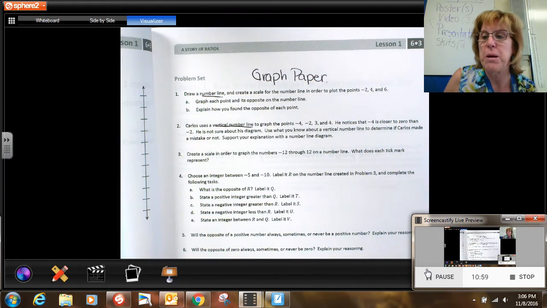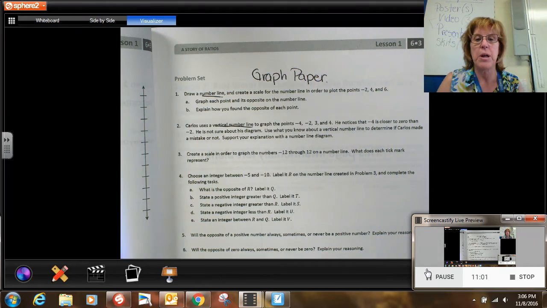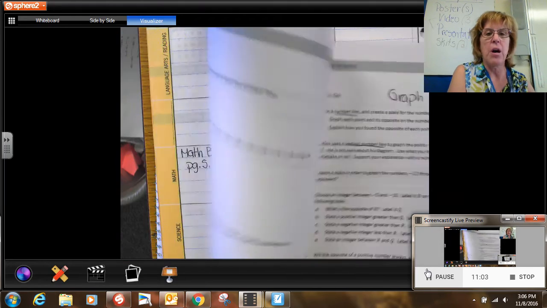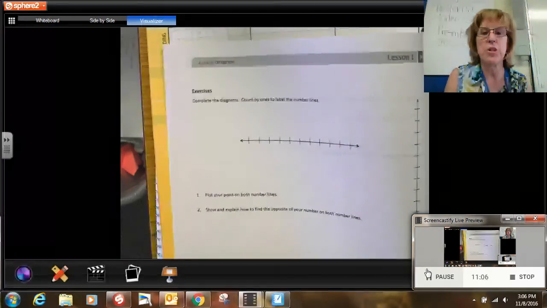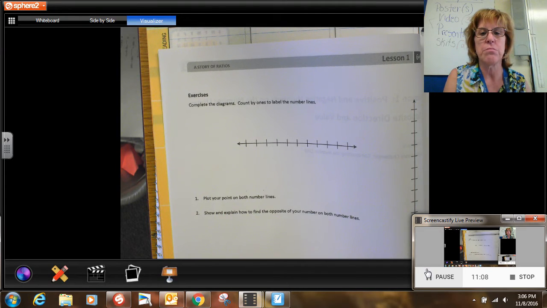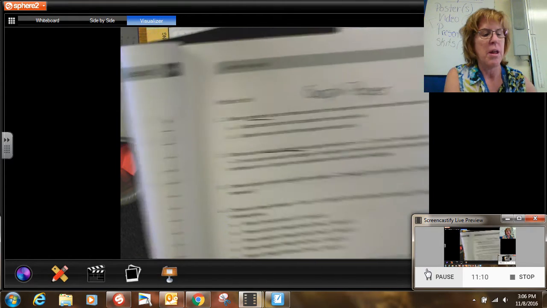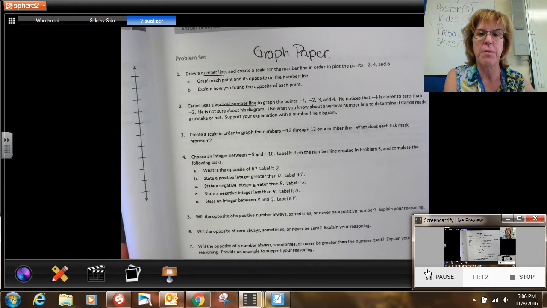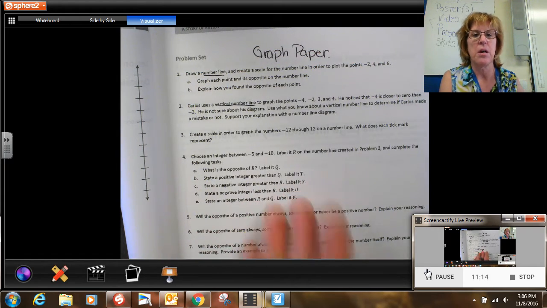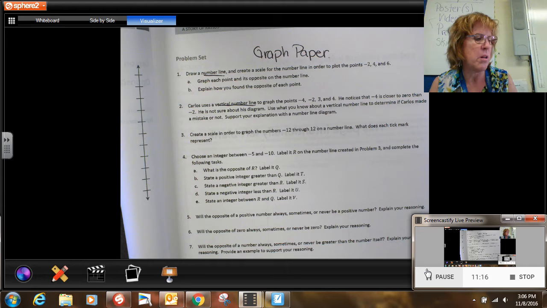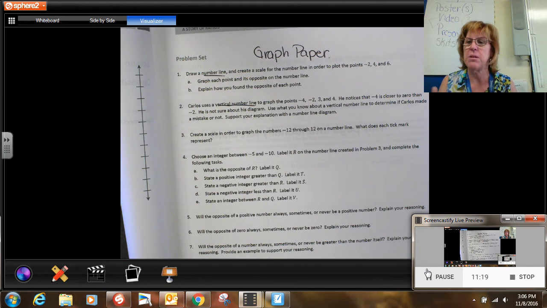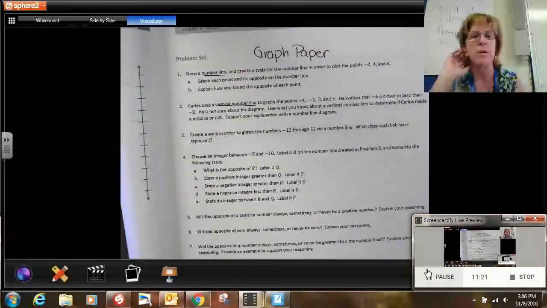Get out graph paper to do S3. It's a lot easier. On S2, you got plenty of room to work. S3, you're definitely going to need graph paper because there's all these problems on there. You'll get through it fast though because it's pretty darn easy. Okay?